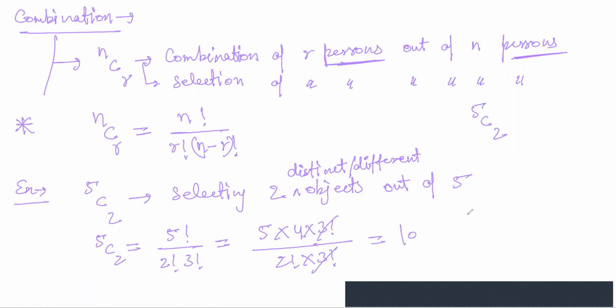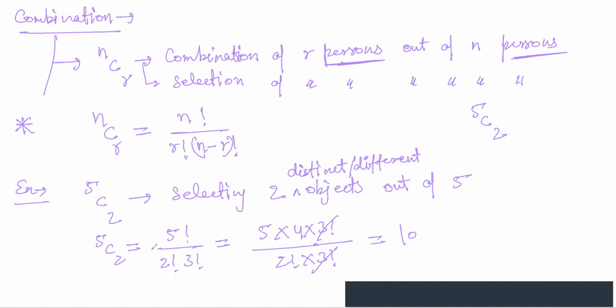Answer is 10. देखो 10 ही combination बन रहे थे ना last question, इसलिए 10 combinations थे, because 5C2 will give you the value 10. यानी कि if you make combination of 2 persons out of 5 persons, there will be 10 combinations which we have solved, which we have counted one by one in the previous example. So that is how we solve C, that is combination, and NCR represents selection of R persons out of N persons.